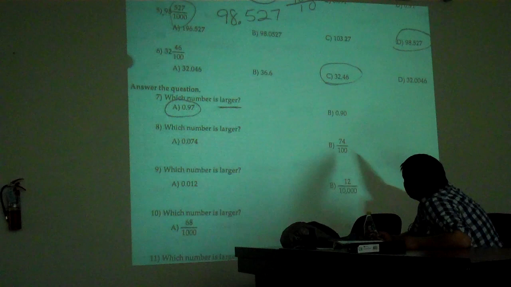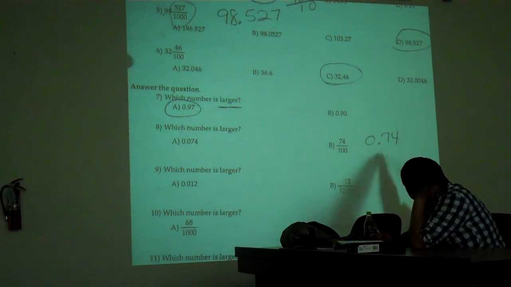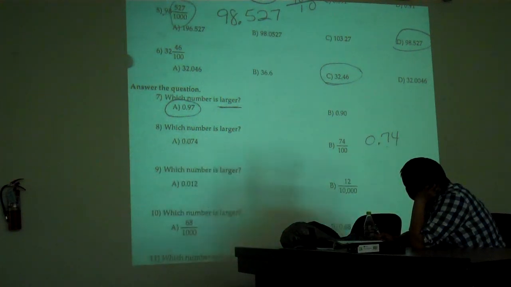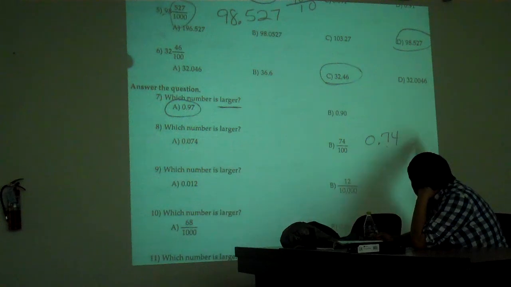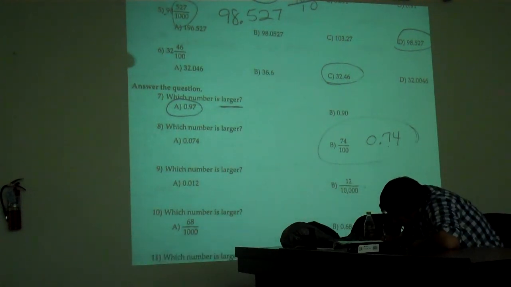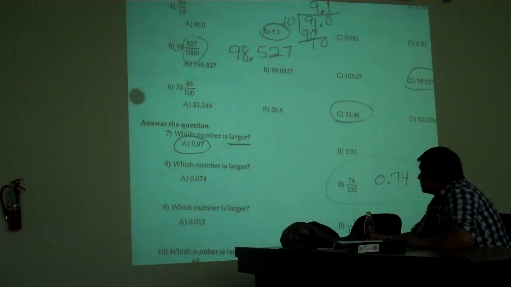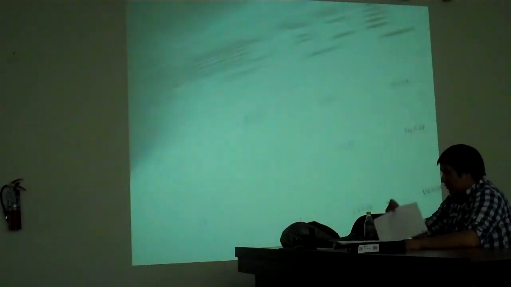This one's a decimal, 74 hundredths. Tenths, hundredths. Now you can tell which one's larger, right? By looking at this, this one's larger. I'm going to let you do the rest of these on your own instead of going over the same thing over and over. We'll go to the next page.